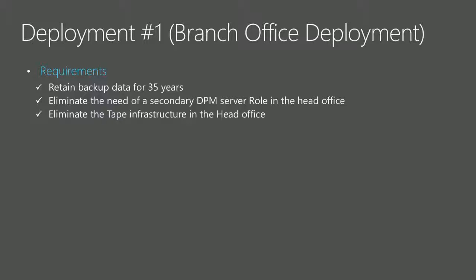We talked to the CTO and he told me, listen, my requirements are to retain backup for 35 years, eliminate the need for secondary DPMs that I keep populating in my data center, then eliminate the tape infrastructure they have. They had every single secondary DPM server sharing their fiber channel tape library. So that was a huge investment, a lot of infrastructure.